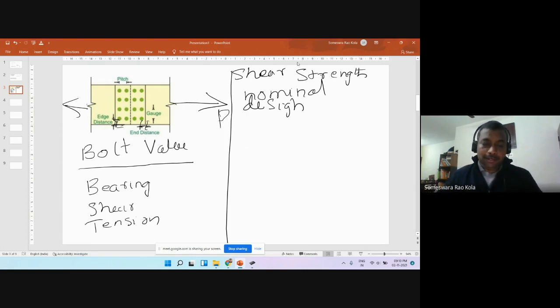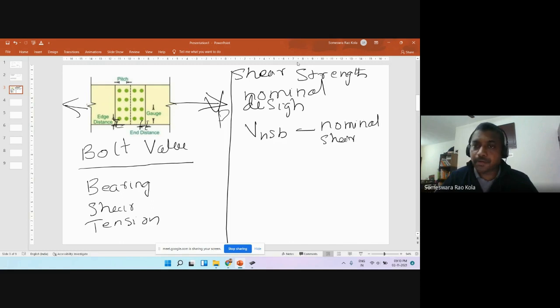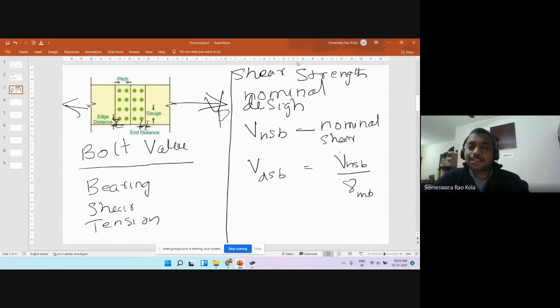Now let's say VNSB is the nominal shear strength of the bolt. We have VDSB, which is VNSB divided by some factor of safety. This is a preliminary concept that we have learned in limit state design, isn't it?